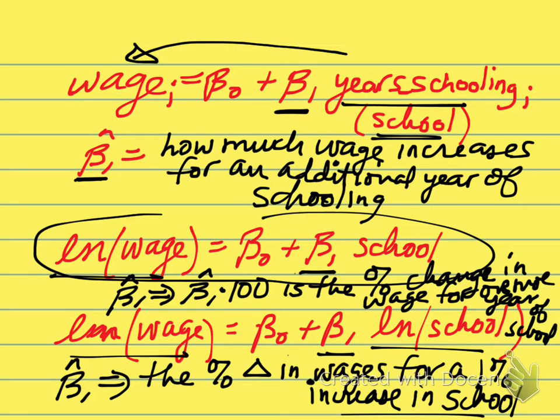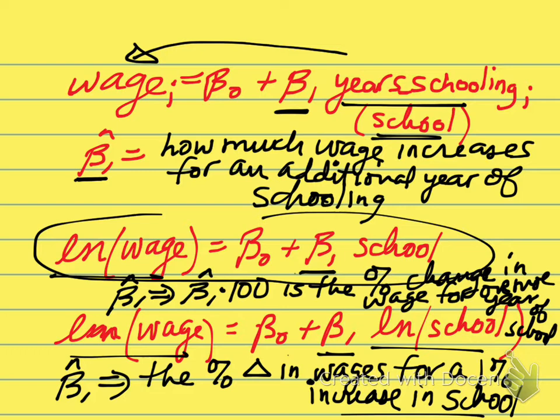Well, if our usual schooling is maybe 15 years, a 1% increase in schooling is not very much, right? It's a very small increase in schooling. A 1% increase, and remember, 1% increase depends on the level of schooling.